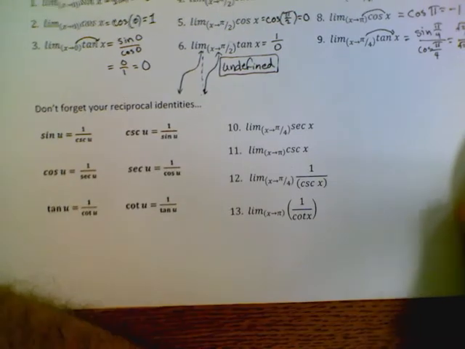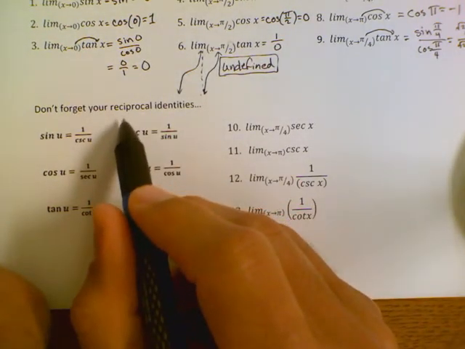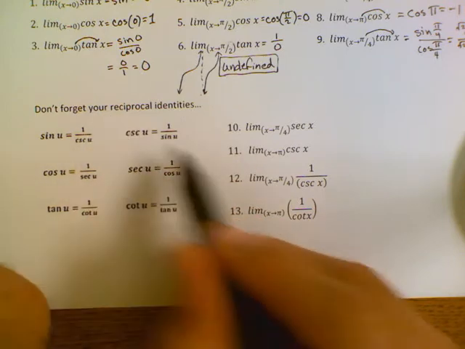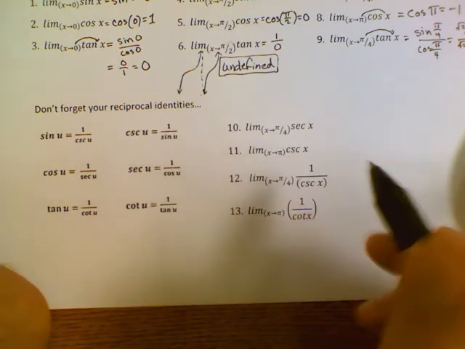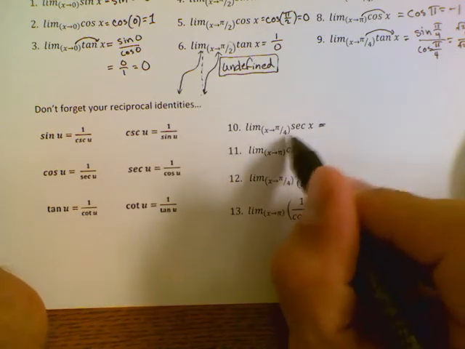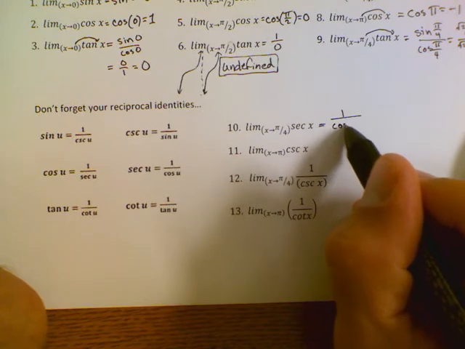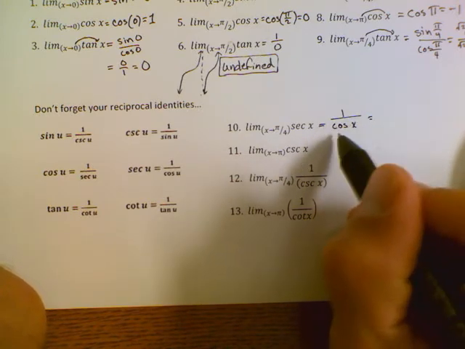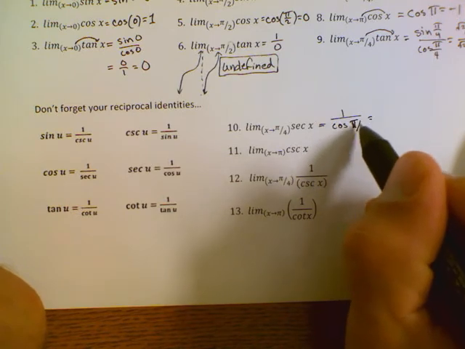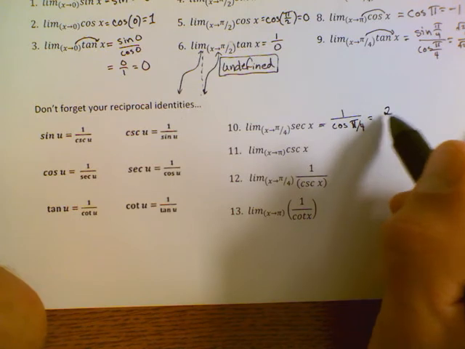Okay? And don't forget the reciprocal identities. Reciprocal identities basically just means a fraction, 1 over. So if I'm going to find the secant, I know that secant is 1 over cosine x. So I should put pi fourths in. And cosine of pi fourths is root 2 over 2, so this will be 2 over root 2.